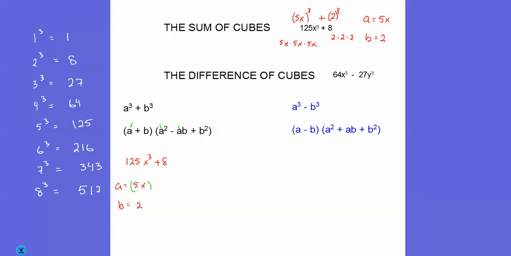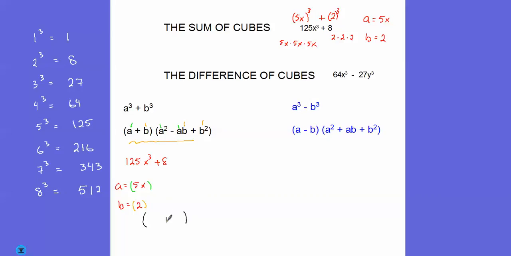The quantity 2 is going to go everywhere I see the b. Notice this part's going to have a b squared, this part's going to have an a squared. So I simply fill this pattern here, fill it up with the a's and the b's, and pay attention to when I have to square them and when I don't. So let's get that underway.